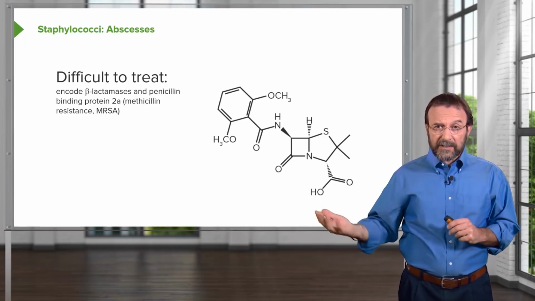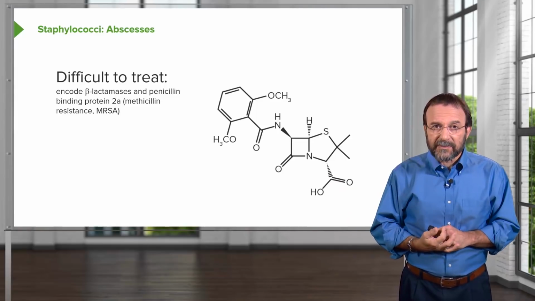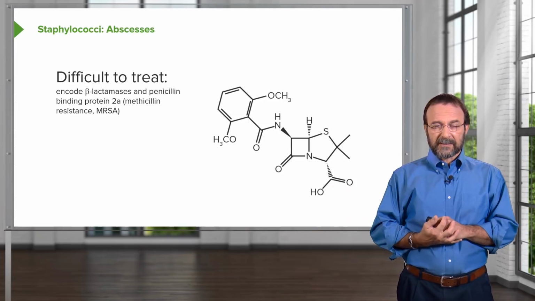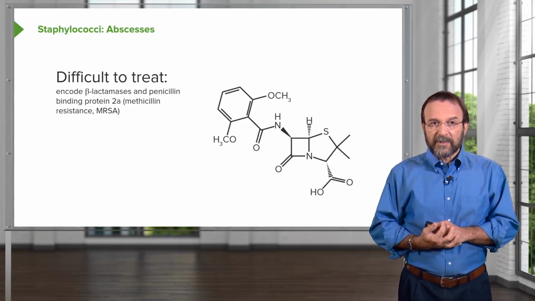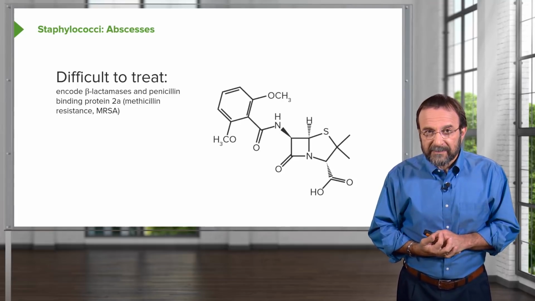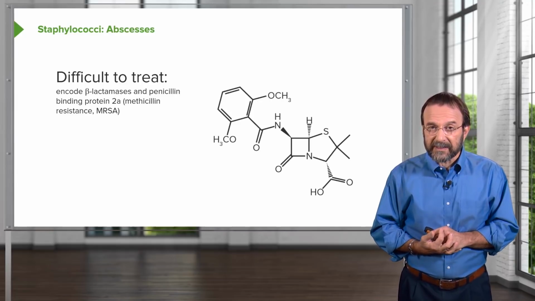This resistance is widespread. In addition, the bacteria make a penicillin-binding protein 2A, which further makes them resistant to penicillin-class antibiotics. And you may have heard the term MRSA to describe these bacteria. This stands for methicillin-resistant Staph aureus.